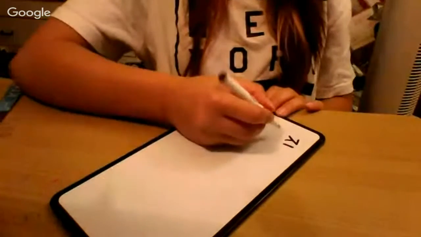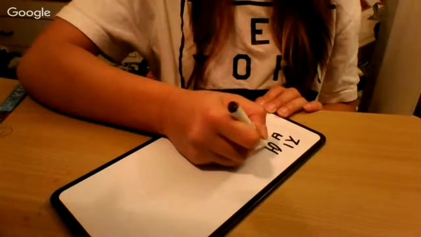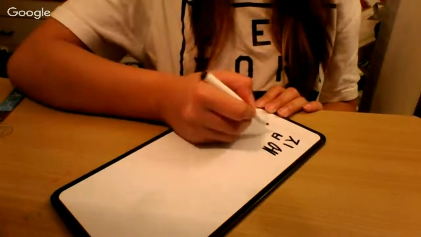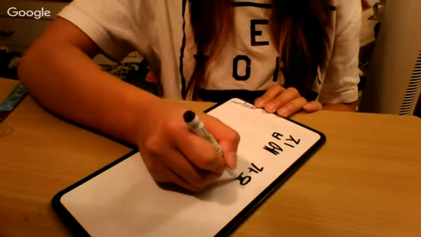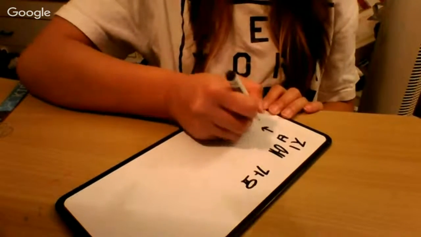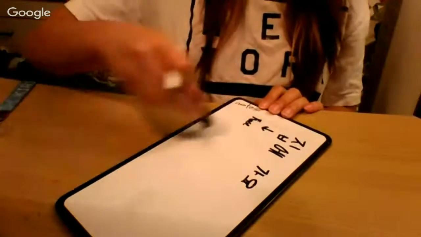So to say I'm going home, I'll write this down, since I know maybe a few of you might not know how to read the alphabet all the way yet. 집에 가요. Oh, I feel like it's not really readable.